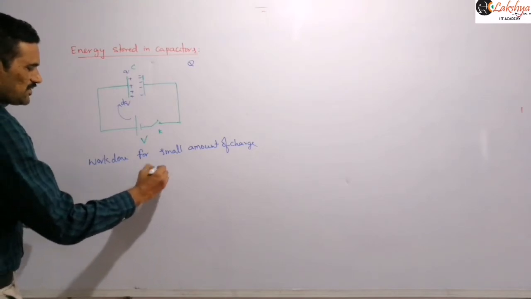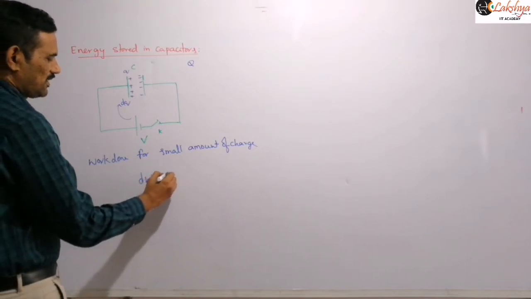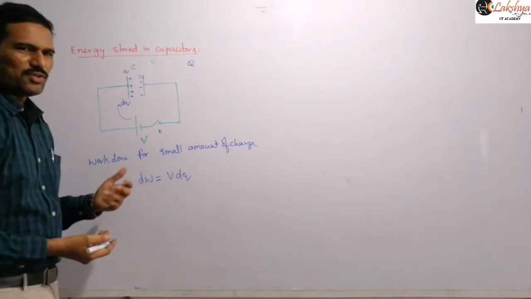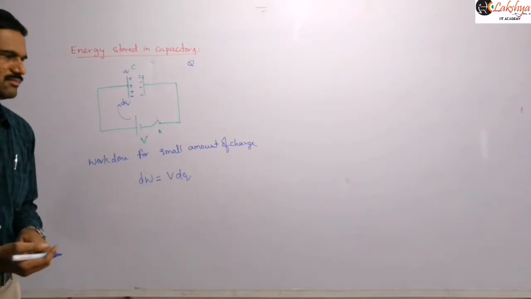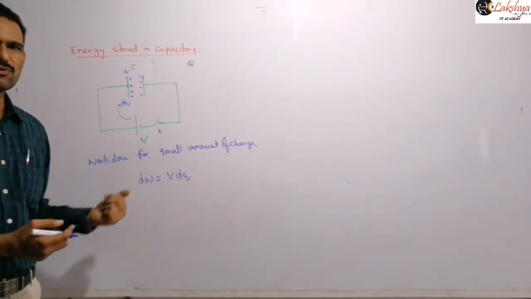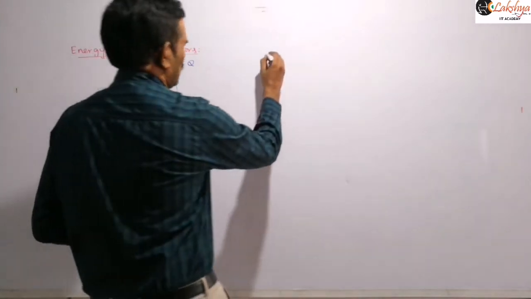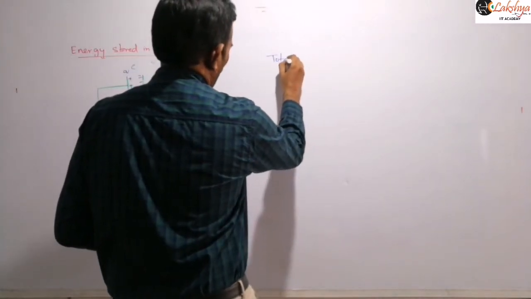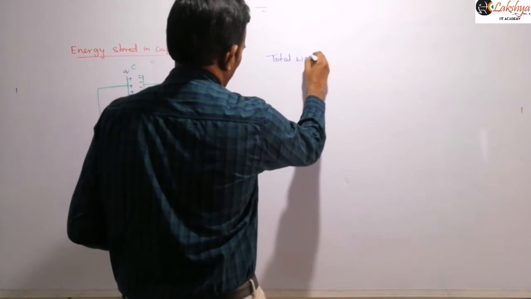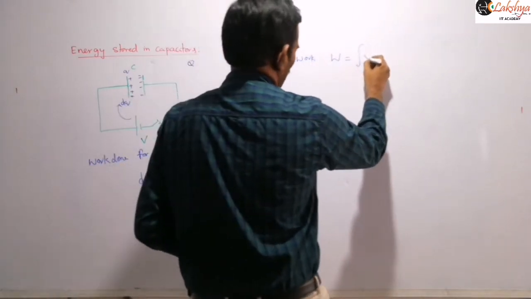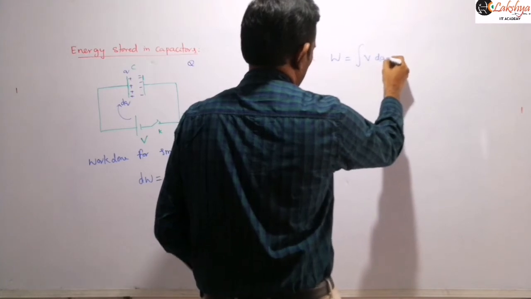So dW is equal to V into dQ, right? That is our VQ formula for work done. Therefore, the total work done W can be written as the integral of V into dQ.